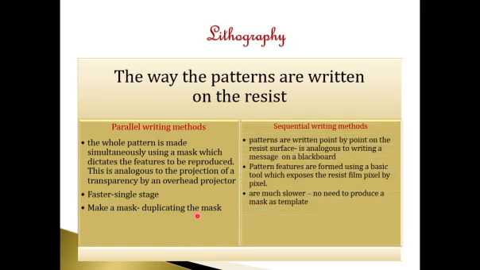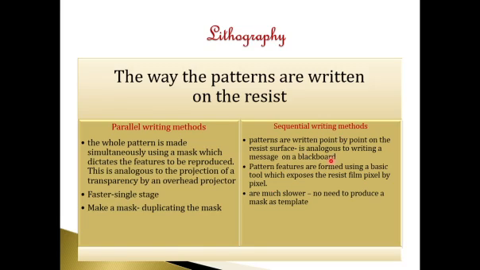In the case of sequential writing method, the patterns are written point by point, and this is what is happening in particle beam lithography, where sequential writing is preferred. That is, pattern features are formed using a basic tool. This is like if you try to write a matter onto a paper, what do we do? We'll write letter by letter, right? So that is a sequential way of writing.